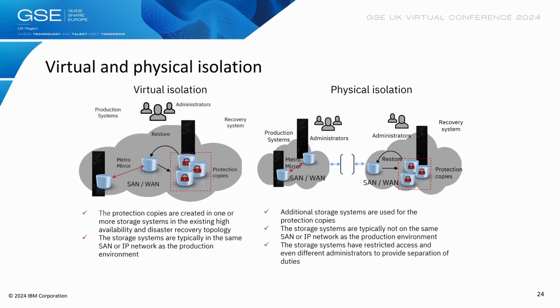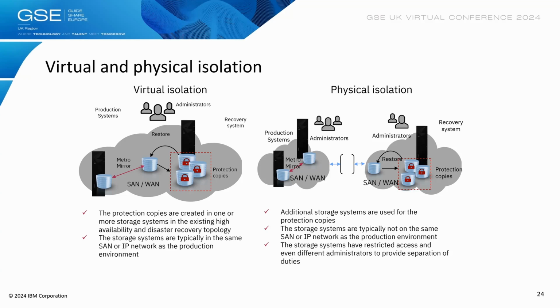So virtual isolation is an environment where your LCP infrastructure is shared within your already existing GDPS solution. The disk subsystem used to take the point-in-time copies is the same one that is used for your existing production environment. Also, the GDPS controlling system that manages your LCP environment is the same as the one managing your GDPS solution.